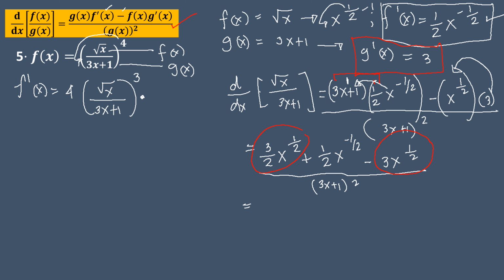So for that, we will be adding the 3 halves and the 3, and then the 3 could be expressed as 6 over 2. Why have I chosen the 6 over 2?